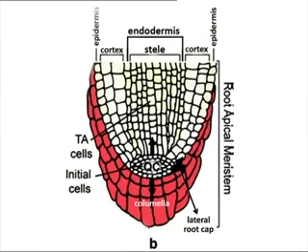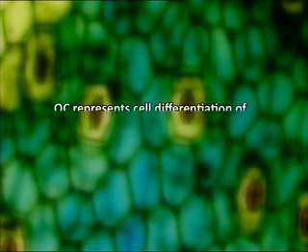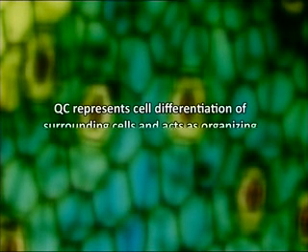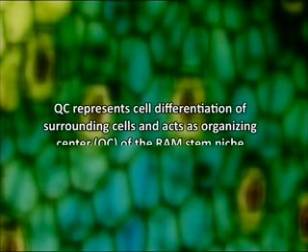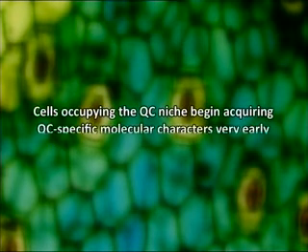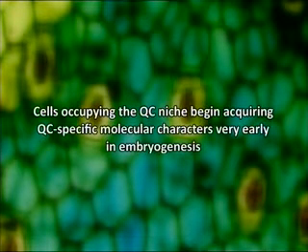More recent evidence indicates that the QC represents a signal for differentiation of surrounding cells and therefore acts as an organizing center of the RAM stem cell niche. Formation of the QC. Cells occupying the QC niche begin acquiring QC-specific molecular characters very early in embryogenesis.